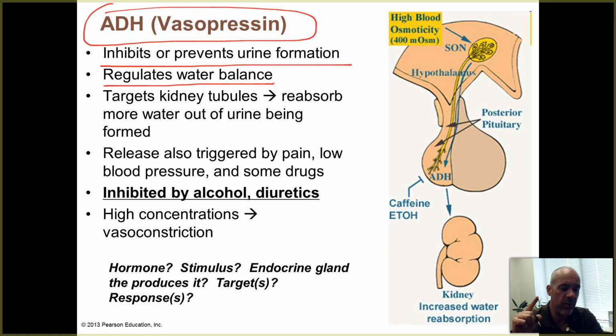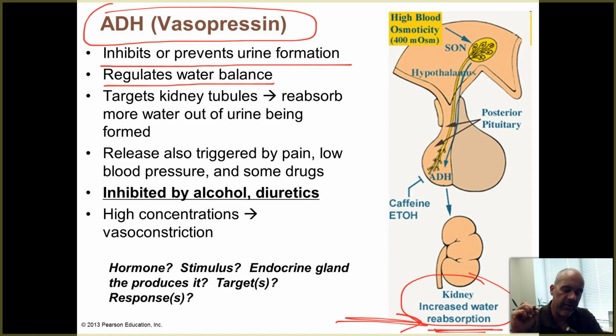If ADH is present in a higher concentration in the blood, its impact is going to be on the kidneys. The kidneys produce urine. This hormone signals the kidneys not to produce as much urine, not to release as much water in the urine. Instead, that water gets reabsorbed back.